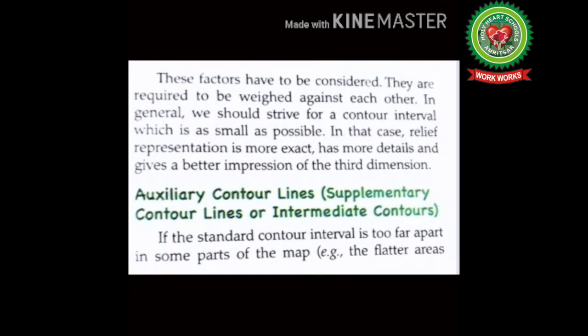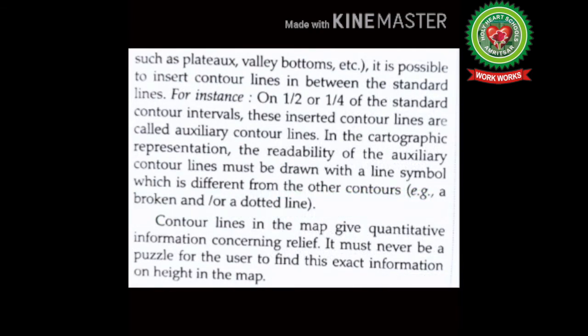Next point is auxiliary contour lines, or intermediate contours. If the standard contour interval is too far apart in some parts of the map, that is the flattened areas such as plateaus, valley bottoms, etc., it is possible to insert contour lines in between the standard lines, for instance, at 1 by 2 or 1 by 4 of the standard contour interval.